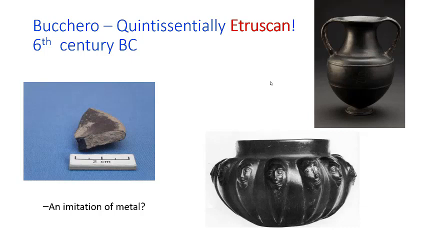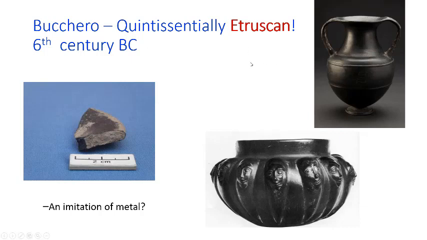And quite honestly, one of the most quintessentially Etruscan pottery types is what we call bucchero. Bucchero pottery is really unique in a lot of ways. In part, it's unique because of the process that they use, which we're not really able to replicate, to be very honest.